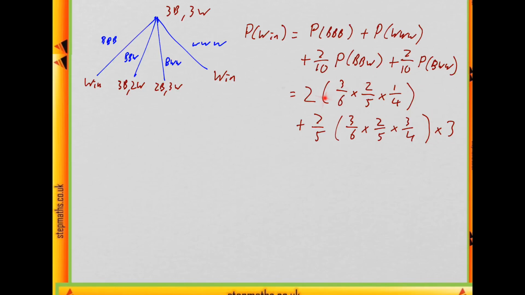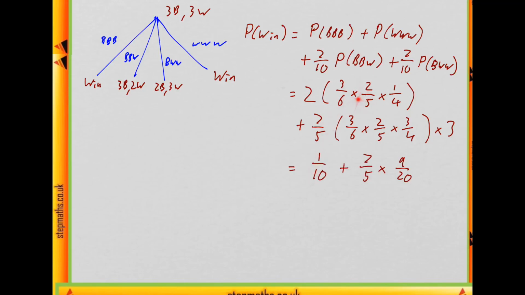So now we just have to simplify this expression. It's worth noting this here is a half, so this becomes 1/5, this becomes 3/20, this becomes 9/20 times 7/5. This one here becomes a half times 2/5 is 1/5, and I get 1/20, and I multiply by 2.